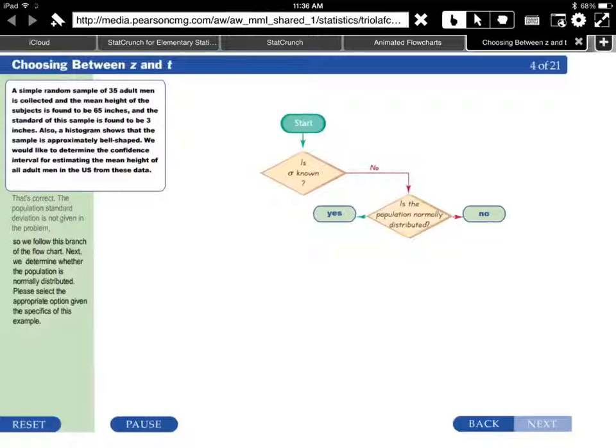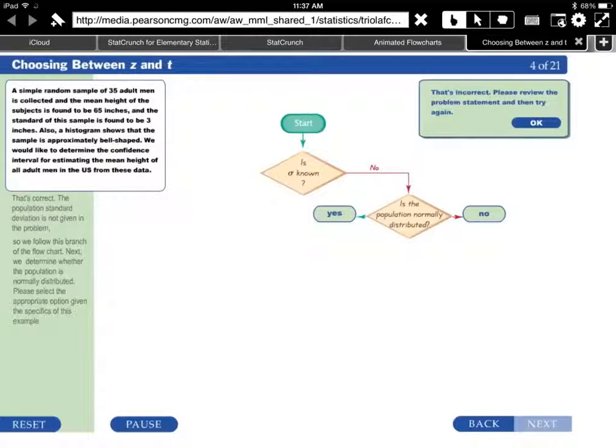And then, is the population normally distributed? Well, I'm going to act like, again, that I'm wrong. I'm going to say, yes, it's normally distributed, although let me just double check here. It says that a histogram showed that the sample is approximately bell-shaped. So let's go ahead and say no, that it's not normal.